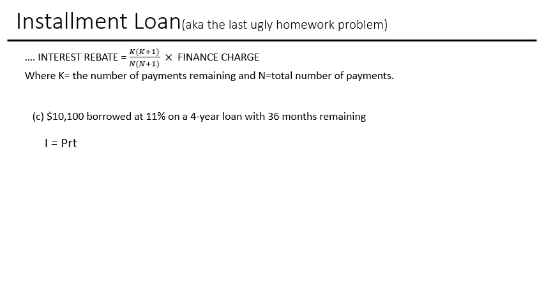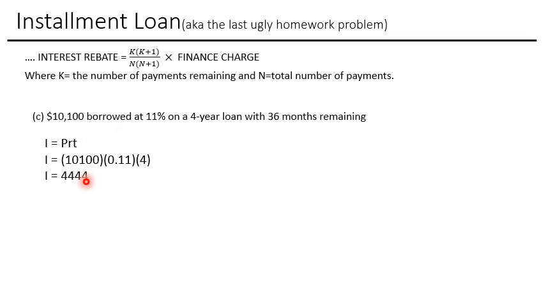We're going to do I is equal to PRT. P is our principal, which is 10,100. R is our rate, which is 11%. T is in years, which is 4. So we plug all of that in and multiply it out, and you get that the finance charge, which is I in this case, is 4444. Okay, so that's the finance charge.